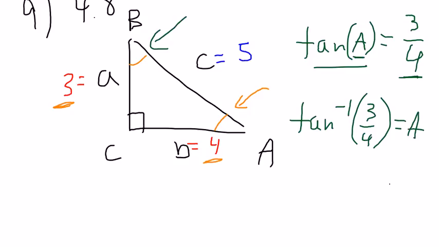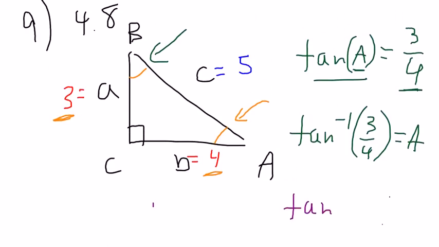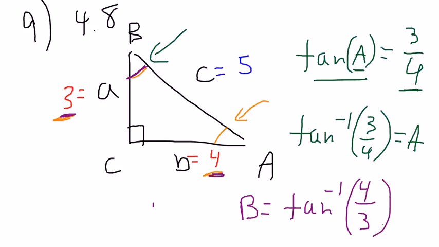Similarly, to find angle B, it's also going to be the inverse function. But now angle B has an opposite side of 4, an adjacent of 3. So angle B is going to equal the inverse tangent of 4 over 3.